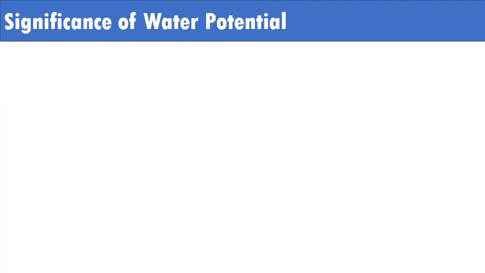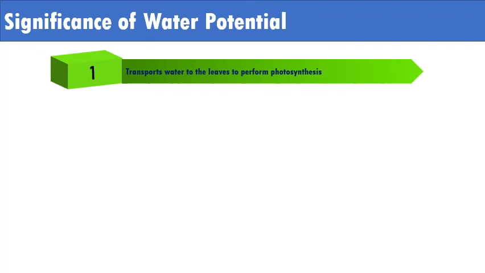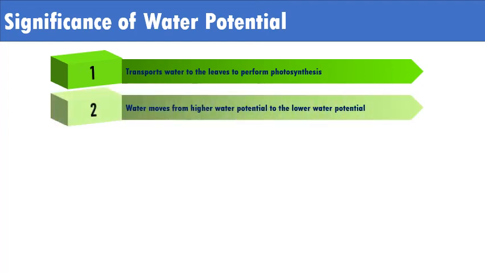So what are the significances of water potential? It transports water to the leaves to perform photosynthesis. That is a very important component, because in photosynthesis water acts as a reactant, not just a medium. In the photosynthetic reaction water is a reactant, and it should be available to the leaf at the right time and in the right quantity, and that work is done by the water potential mechanism existing in plants.